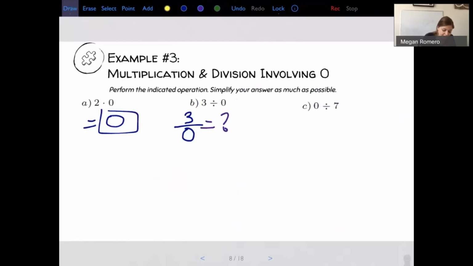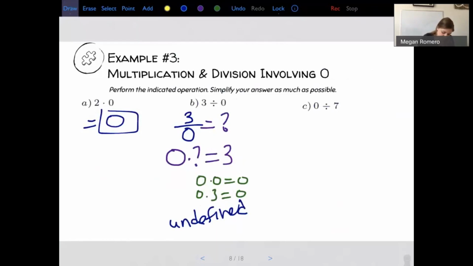If we were to rewrite this as a multiplication problem, we'd want to know 0 times question mark equals 3. Does 0 times anything equal 3? You can try different options. 0 times 0 is 0. 0 times 3 is still 0. There's nothing we can multiply 0 by to get to 3. So in this case, our answer is undefined.